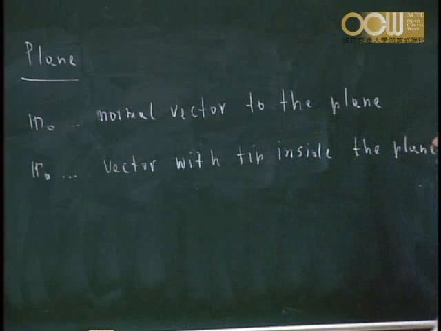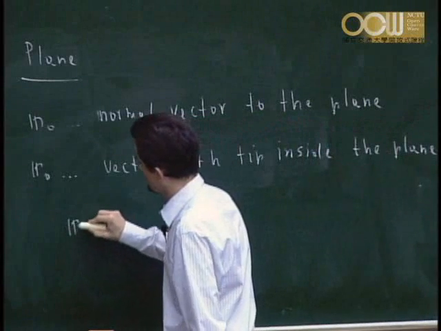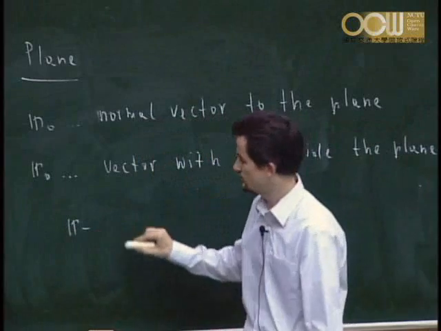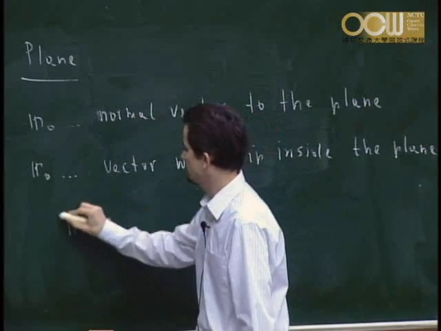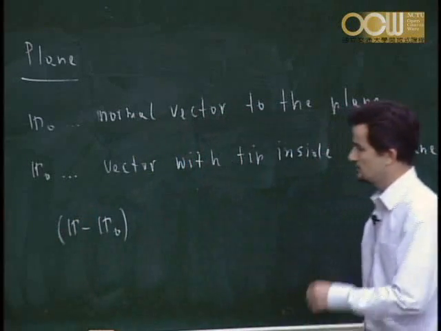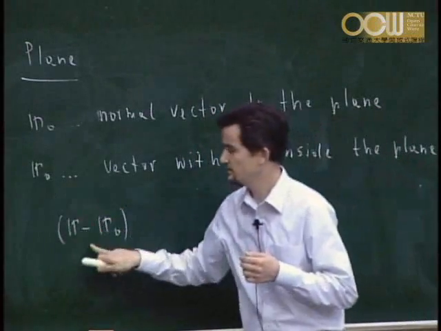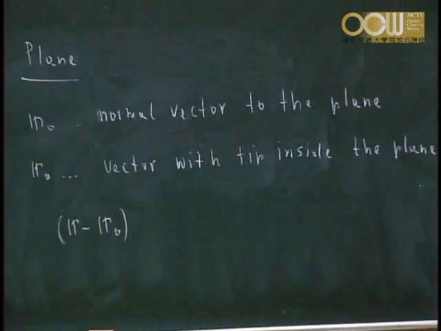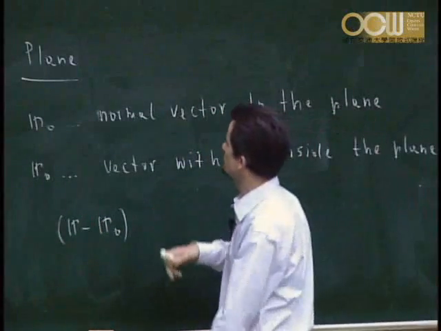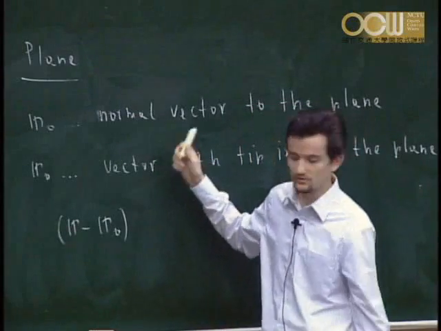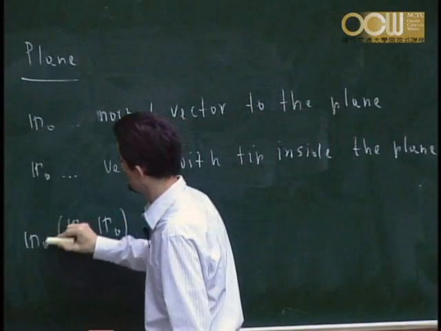Now, if you want to describe the set of all vectors whose tip is inside the plane, then what you can do is, if R is such a vector, you subtract from this vector this vector R0. This will be a vector which is inside the plane, and this vector has to be orthogonal to the normal vector. So you have this equation here.